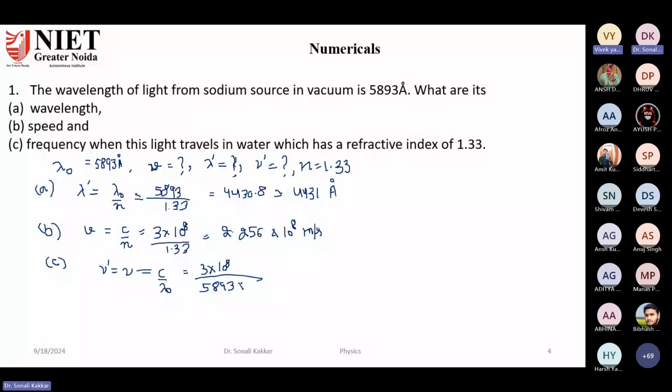So you convert the angstrom into meter, 10 raised to power minus 10 meter. Solving this, you will get 5.091 into 10 raised to power 14 second inverse or hertz. Those who have not solved it, note this down.